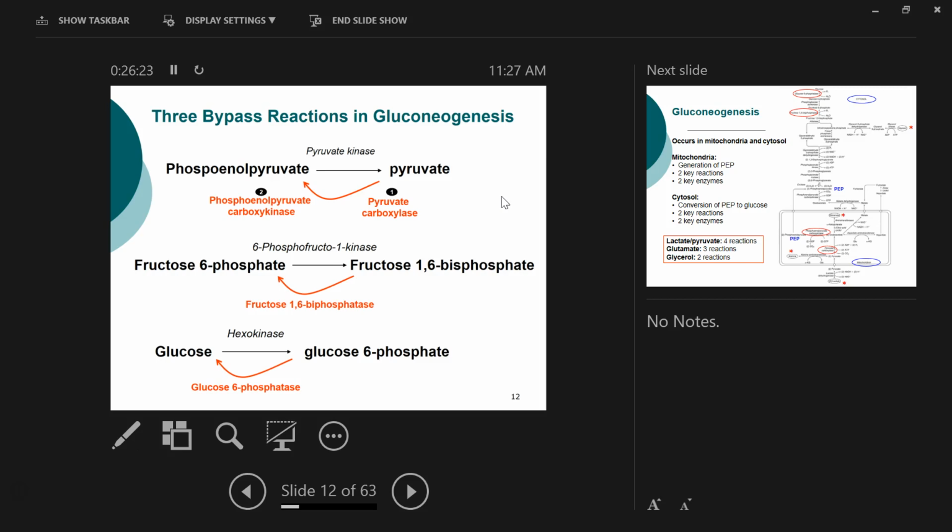So these three are actually four, because two reactions make the conversion of pyruvate. So four key enzymes in gluconeogenesis catalyze these three key irreversible reactions, right?